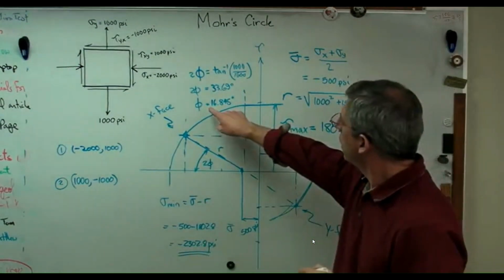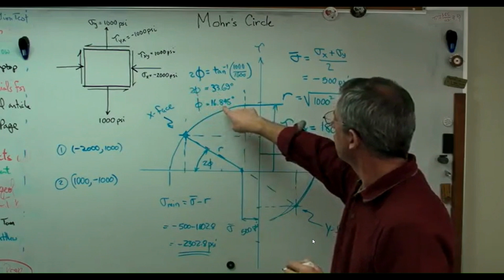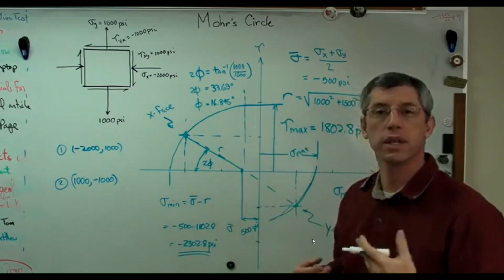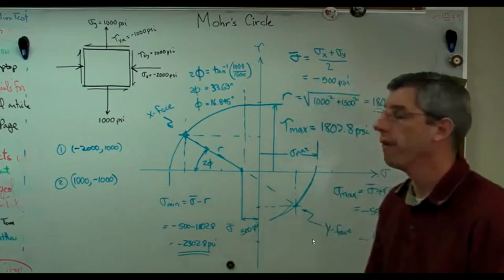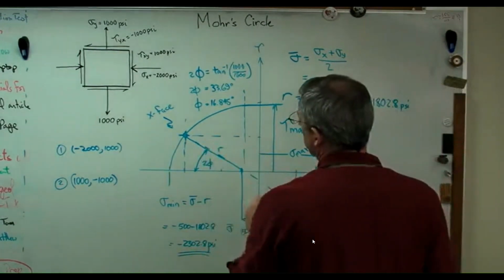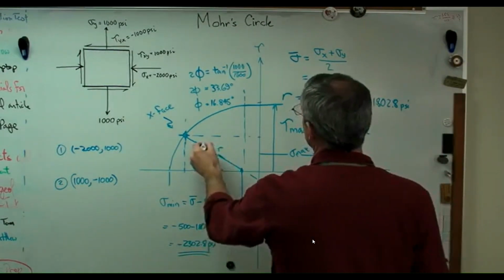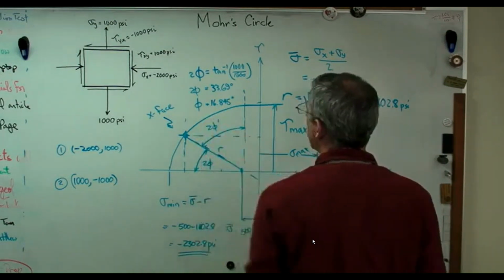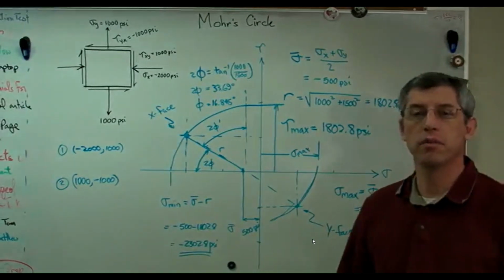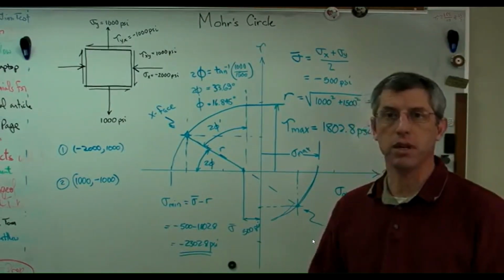So if I rotate this stress element 16.845 degrees counterclockwise, the x face will see that stress. Now, if I want the x face to see the maximum shear stress, I just use that angle, and that's 2 phi prime. 2 phi prime plus 2 phi equals 90 degrees.